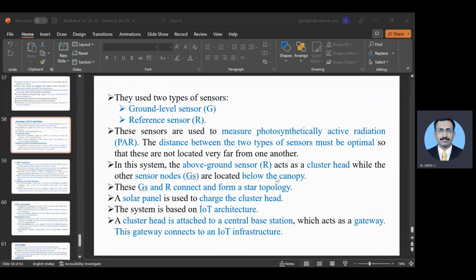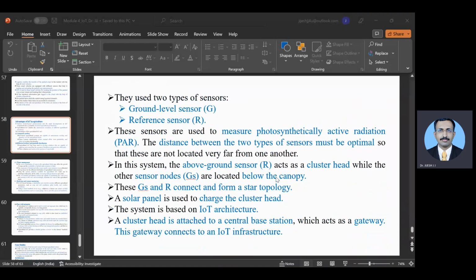You have studied all these in the previous module: the gateway, the sensors, the cluster head. Those make up an architecture, a hardware structure where you can collect the information and pass it on further. This is the architecture of IoT.